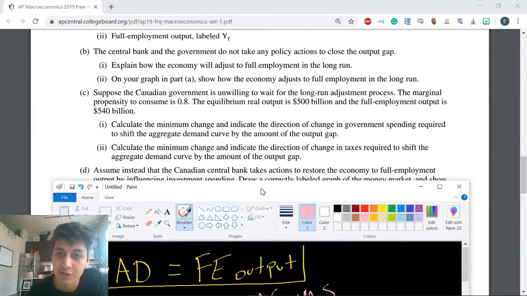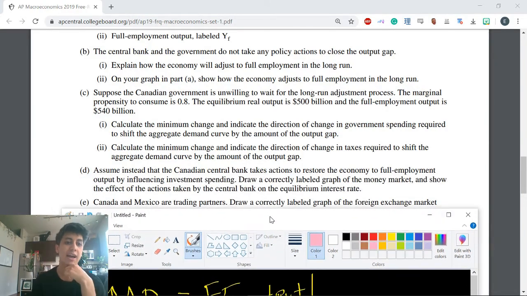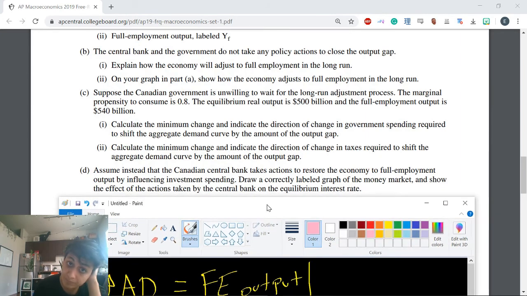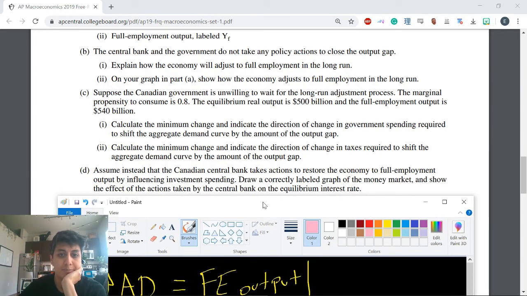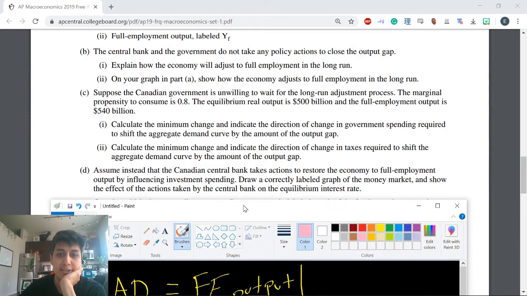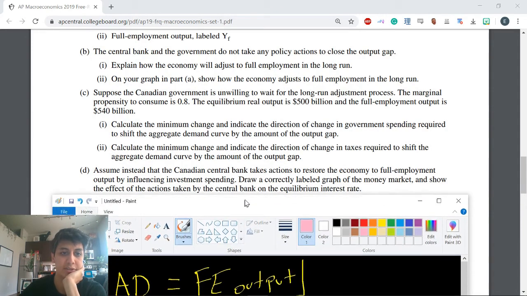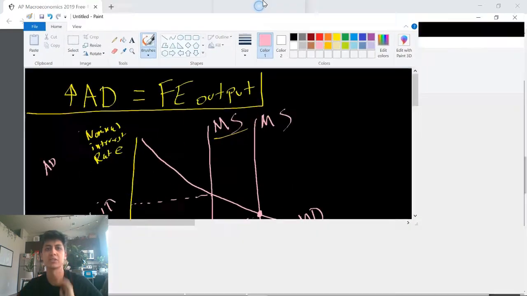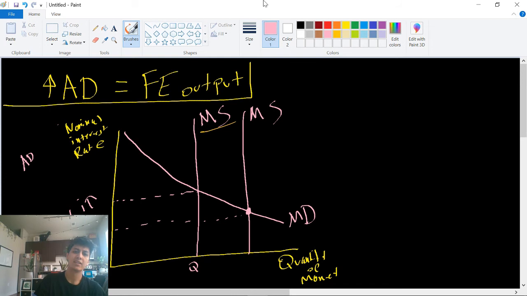It says takes action to restore the economy to full employment output by influencing investment spending. Draw a correctly labeled graph of the money market. Now I wonder if this means that they are, because how it works with the Federal Reserve, what they can do is buy securities from other banks.